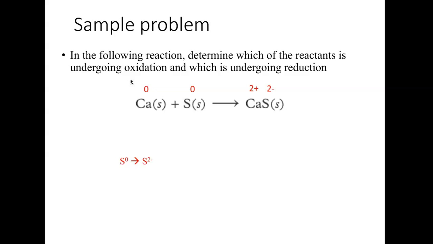Sulfur starts out at 0, and its charge at the end is -2, so its charge is reduced. In other words, it's the one that underwent reduction, and it gained electrons. The other one, the calcium, its charge went up, it was oxidized. It lost electrons, and that made it more positive, okay?